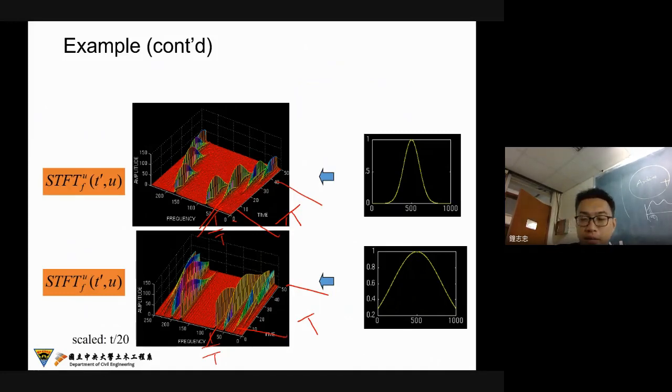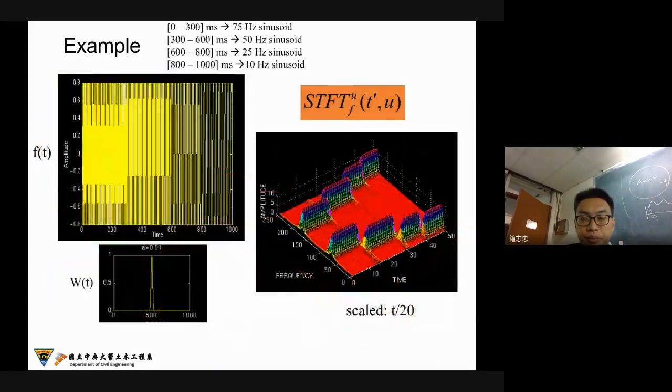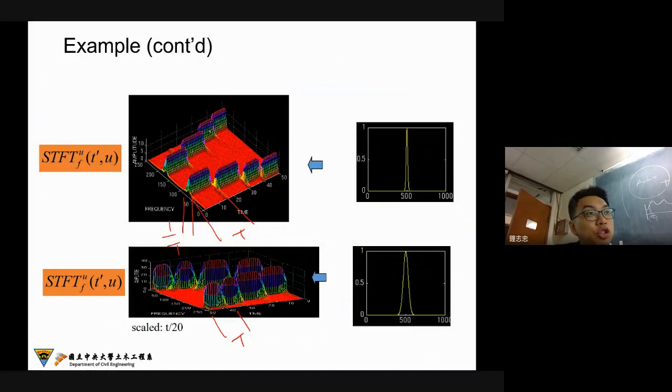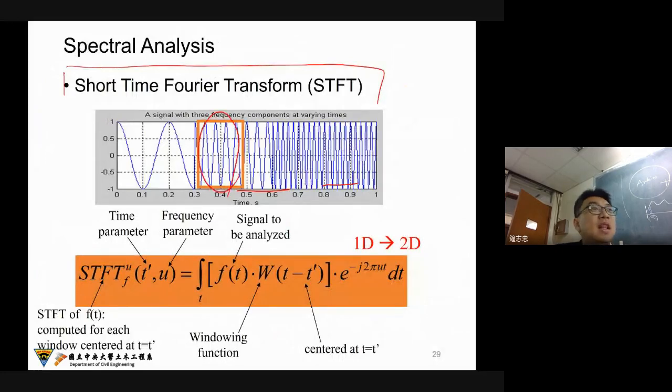For the short time Fourier transform, you need to evaluate your requirement between the T and the T inverse. Because if you look at a small T, it means that you only understand the short time, but a very rough spectrum in the frequency domain.